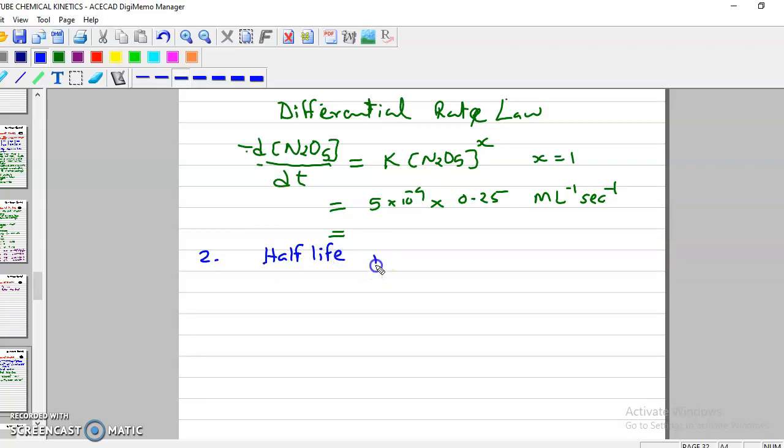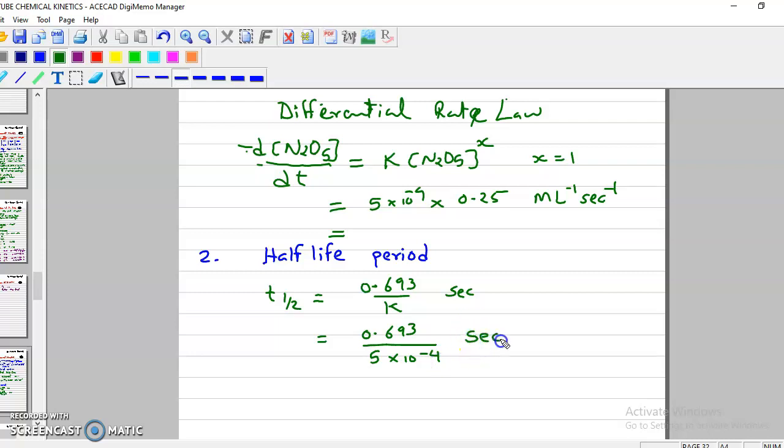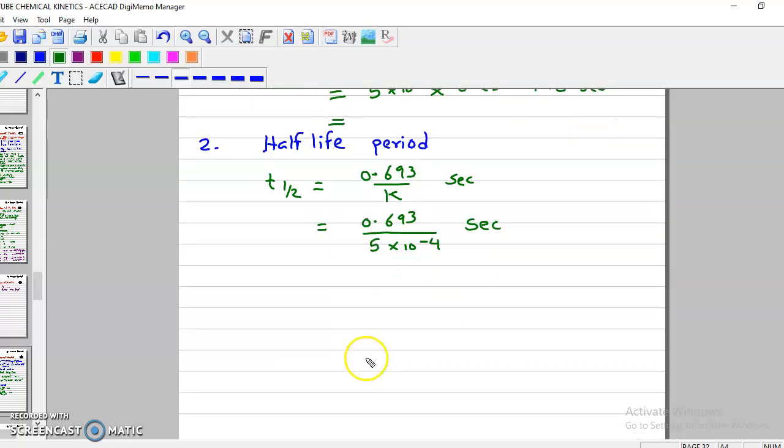You have to find out the half-life period, and for that the equation is, for first order, half-life period is equal to 0.693 upon K. As the unit of K is second inverse, the unit of half-life period will be second. Here you have to put the value of K, so 0.693 upon 5 into 10 raised to minus 4. This will be your answer, in seconds.